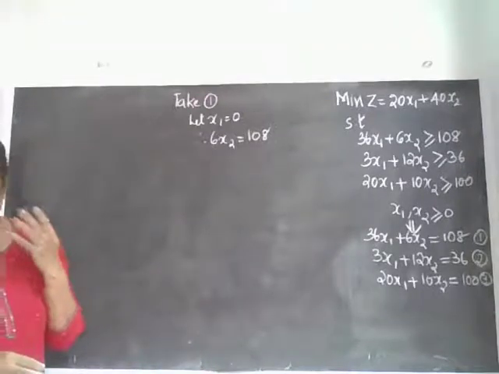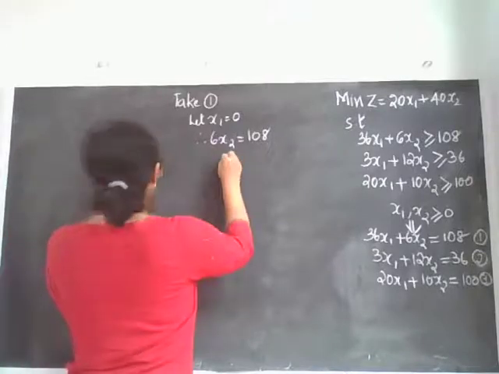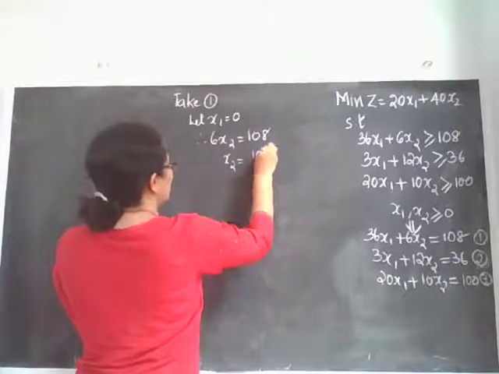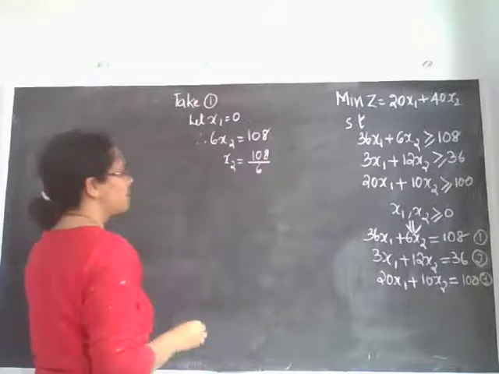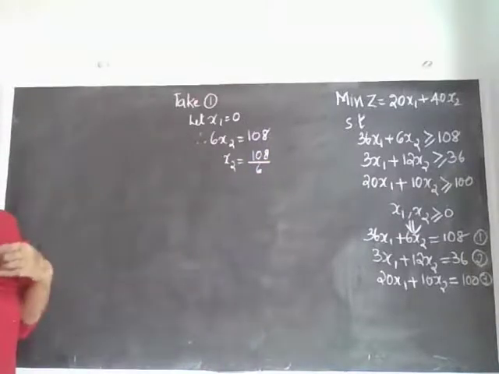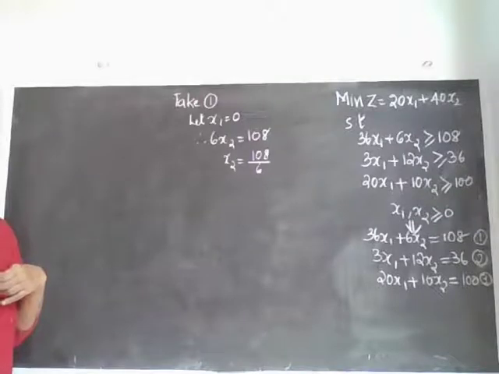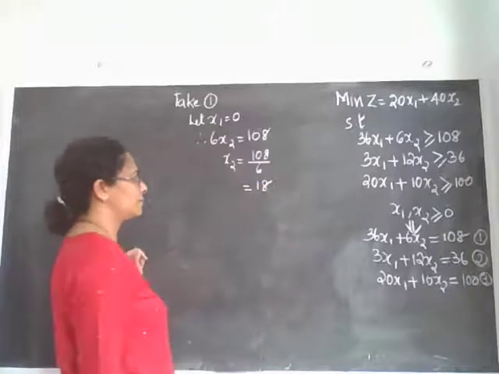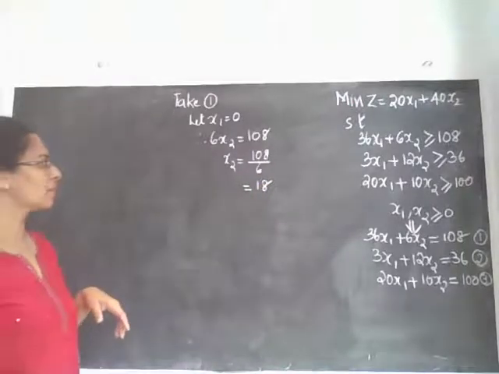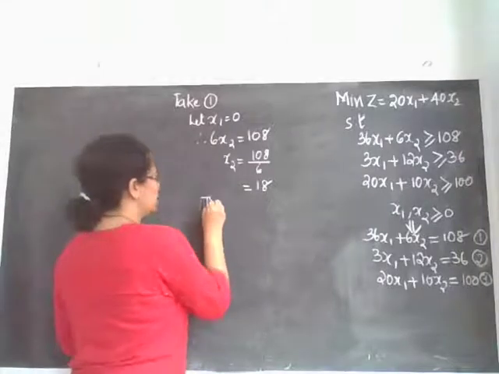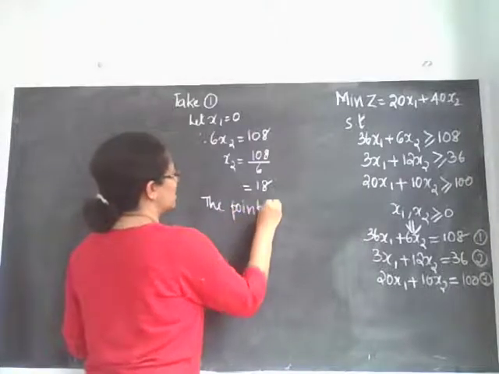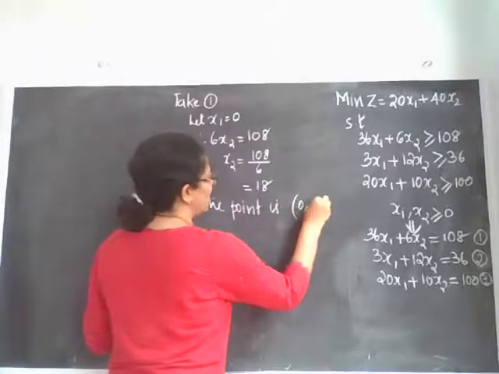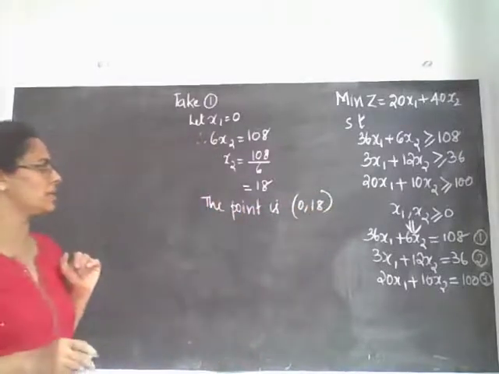So you have here x2 equal to 108 divided by 6. So the value is 18. The point is 0 and 18.